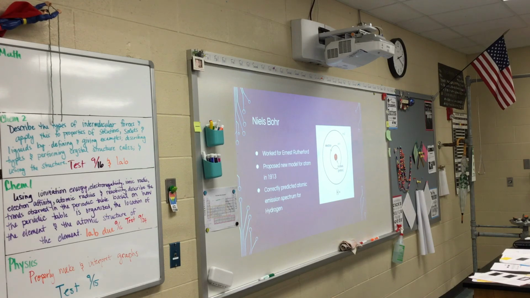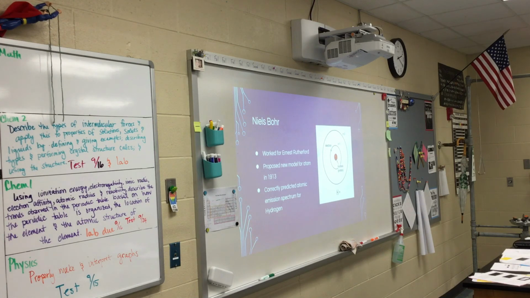So Niels Bohr has first-hand knowledge of all of the discussions and all of the data that they collected in doing that gold foil experiment and then further experiments to determine that the proton was in the nucleus. So, incredibly intelligent man. He rubbed elbows with Albert Einstein. There's a huge number of very intelligent people that are contributing very important understandings during this time.